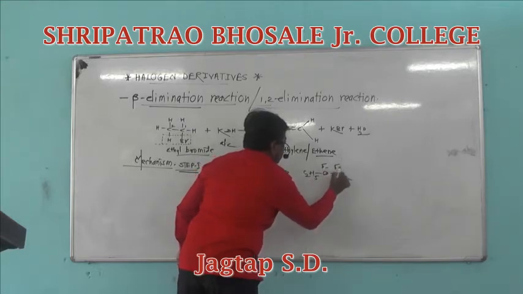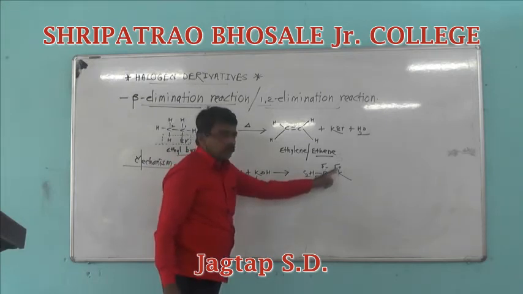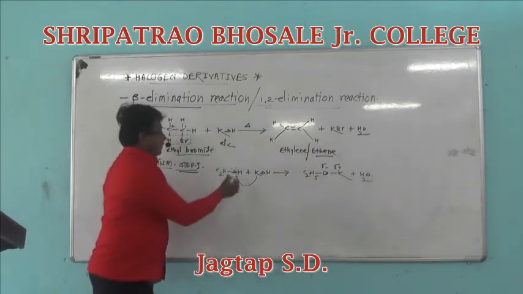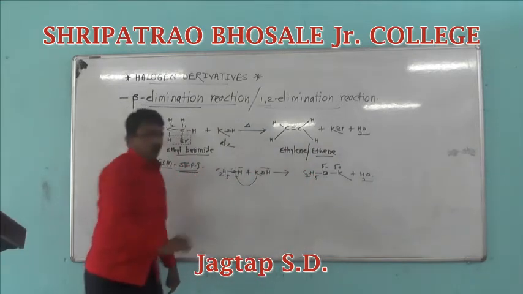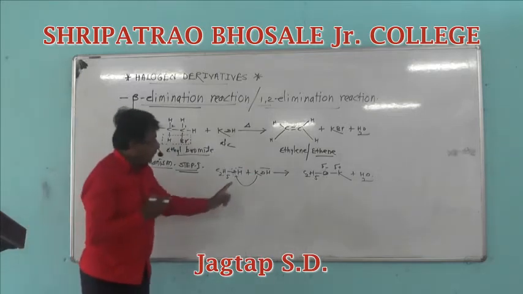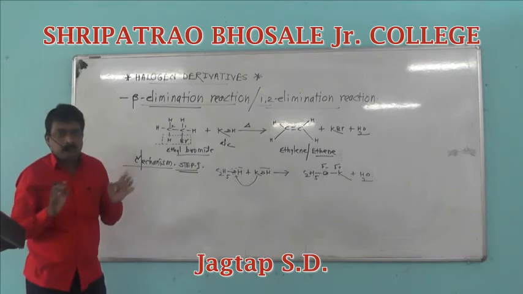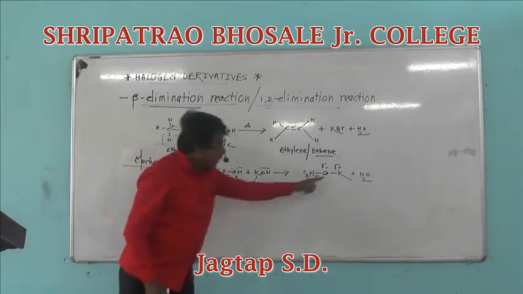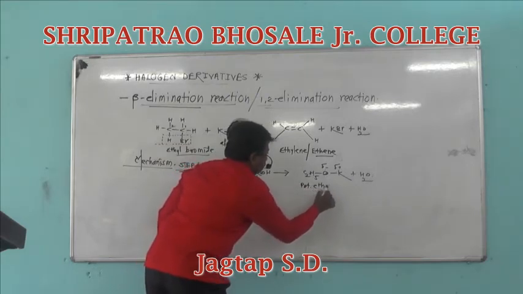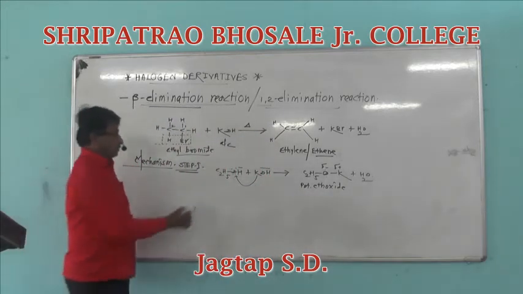O carries a partial negative charge, potassium carries a partial positive charge, along with H2O. H and OH eliminate in the form of water. Initially, in the first step, solvent ethyl alcohol reacts with potassium hydroxide to form a corresponding alkoxide. It is named as potassium ethoxide, along with water.